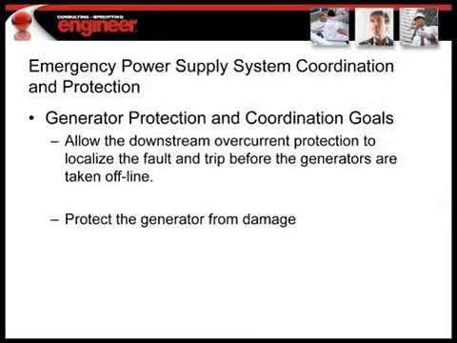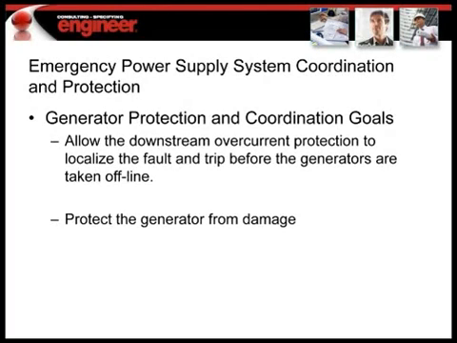Okay, so let's get into coordination. The goal of coordination is to allow the downstream breakers, the breaker that feeds the ATS EQ, to trip before the generator is taken offline. But at the same time, we want to make sure that our generator breakers are there to protect the generator, so that's what they do.